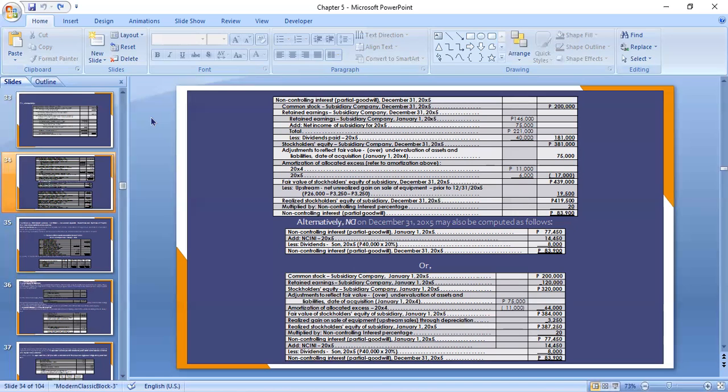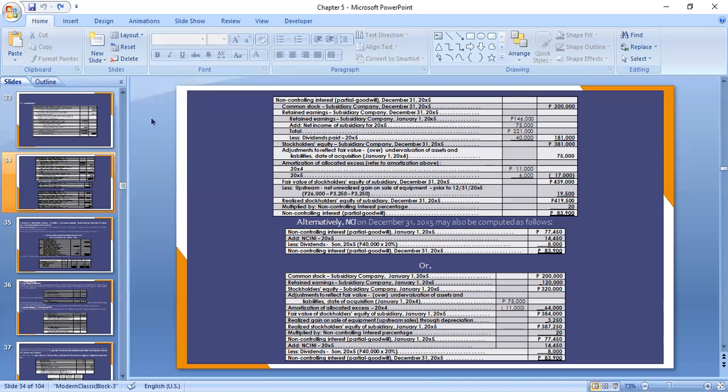So we have now the difference of 19,500. So the realized stockholders' equity of subsidiary on December 31, 20x5, and we multiply it by 20%, the non-controlling interest under the partial goodwill approach.